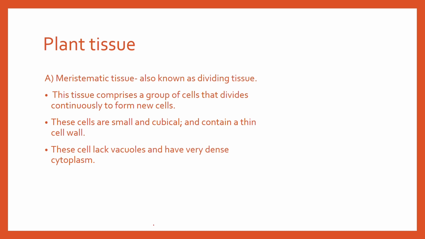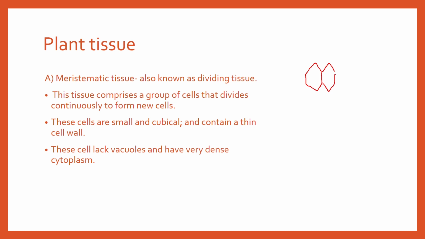Meristematic tissue is also known as the dividing tissue. This tissue comprises a group of cells that continuously divide to form new cells. So how do these cells look? Meristematic tissues are very small in size and cubical in shape, as you can see in this diagram which I am drawing.